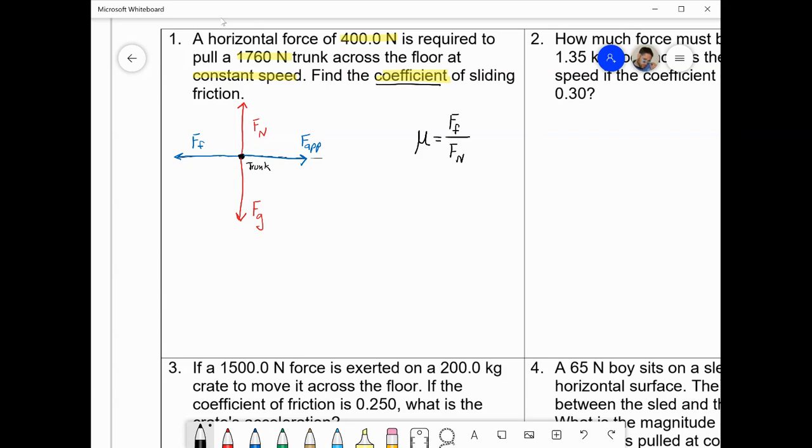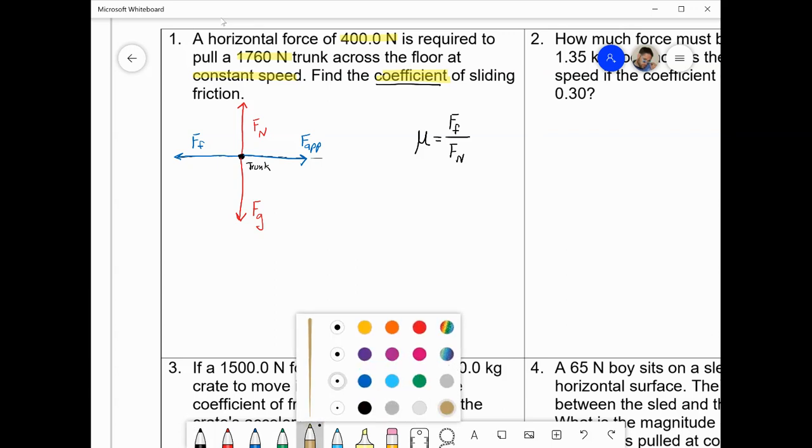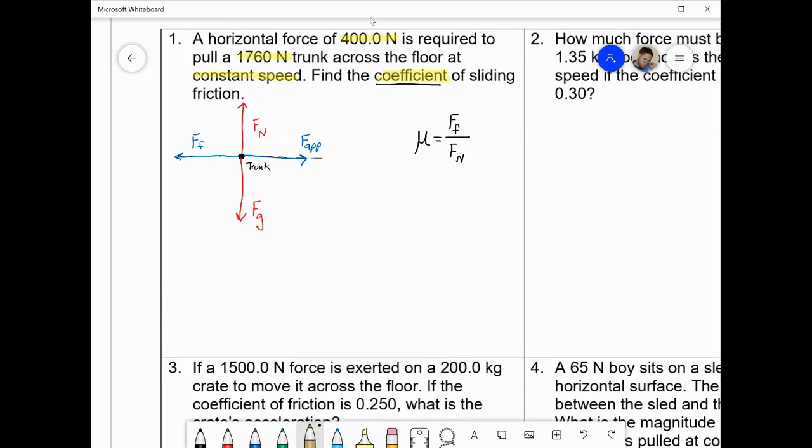Now, if we knew what these numbers were, we could plug them in and solve this pretty easily. Well, it turns out we do know what those numbers are, thankfully, thanks to the pieces in the problem up above. It says the horizontal force, this push force or pull force, however you want to think about it, is 400 newtons. So I'm going to put that right in here: 400 newtons is the applied force. It also tells us that the trunk weighs 1,760 newtons, and so I'm going to put that one right in here, 1,760 newtons.